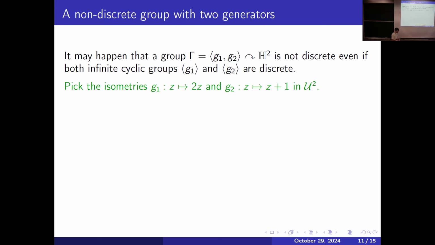And I would like to highlight one fact here, which is crucial, actually, this is a crucial obstacle for discreteness. The point is that this isometry fixes two points, 0 and infinity. And this isometry fixes infinity.